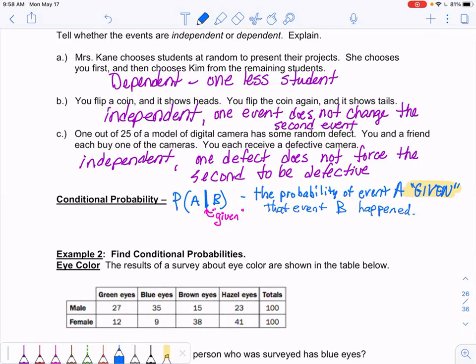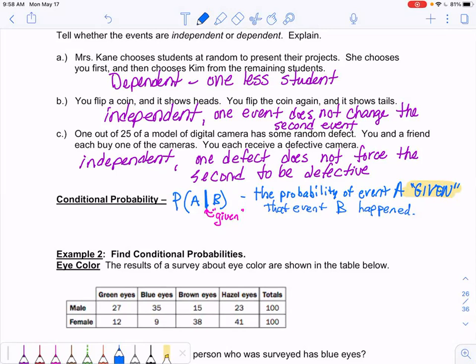If I just ask, what is the probability of choosing Emma? Right now it'd be 50%. But if I say, given that it's going to be a female student, 100%. So that changes the probability, because if it was just the probability of picking Emma, it would be 50%. But since we're given that it's a female student, that would be 100%. That's a quick example.